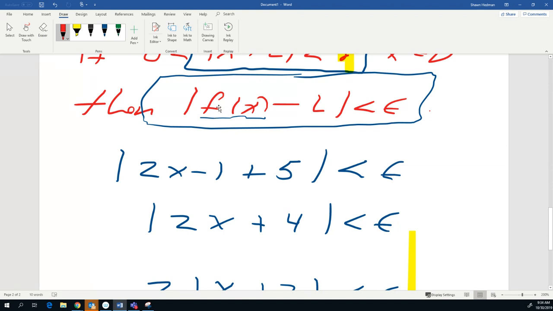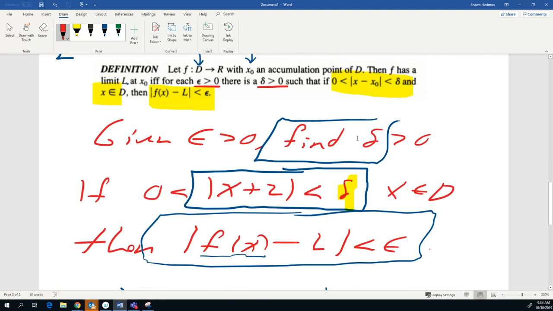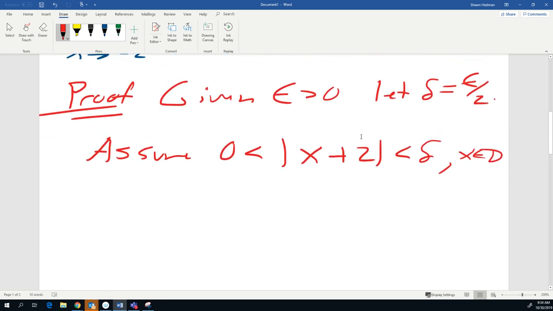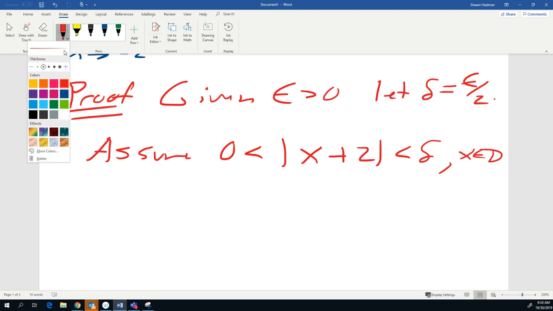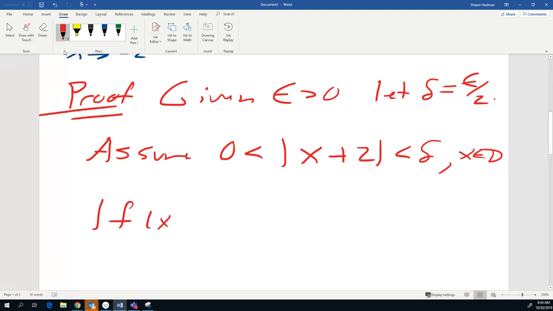I want to show that the absolute value of f of x minus L is less than epsilon. So I'm going to pretty much do what I did before, but I'm not going to assume it's less than epsilon. I'm going to show it's less than epsilon. So assuming all of this, let's look at the absolute value of f of x minus L. Let's look at this and see what this equals.